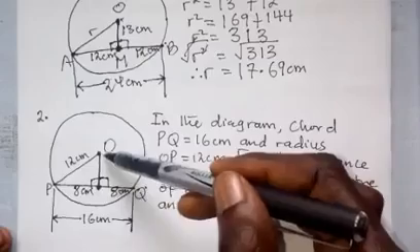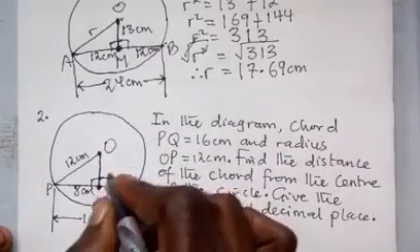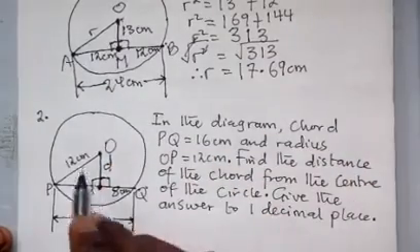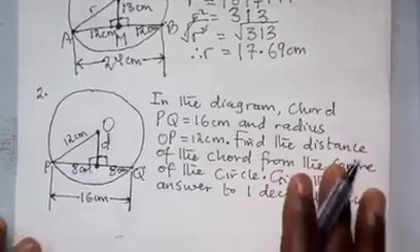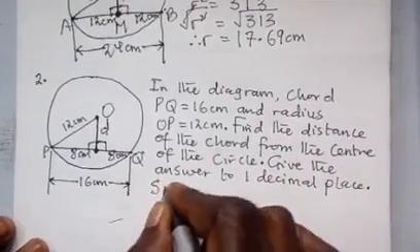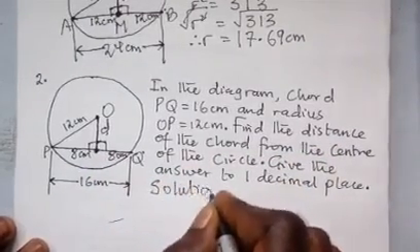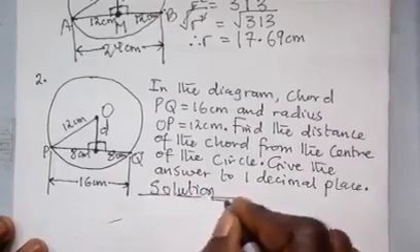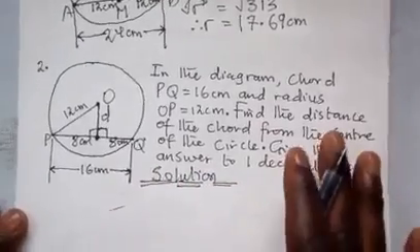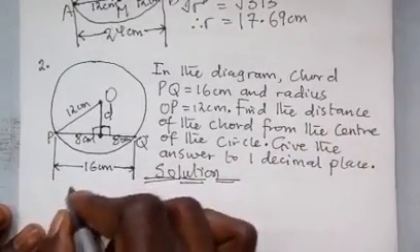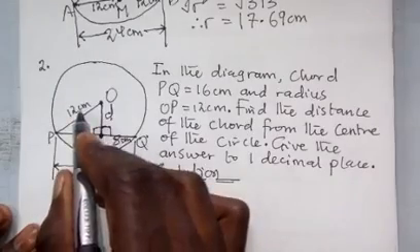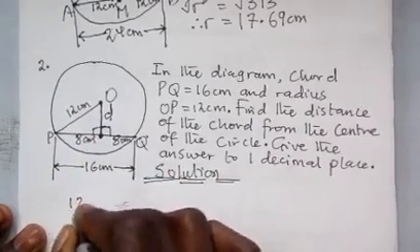So now we are required to look for the chord distance from the center, which is what? D. So once again, we are going to apply our Pythagoras theorem. So we take the solution to this problem here very quickly. From what we have here, we are taking the square on the hypotenuse, which is your 12 squared.